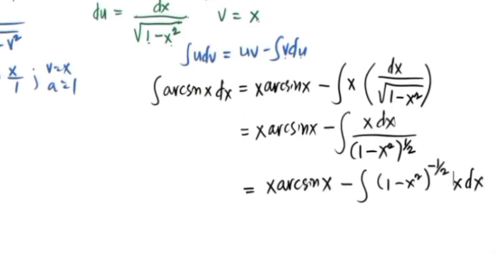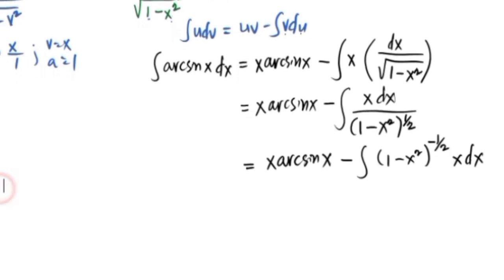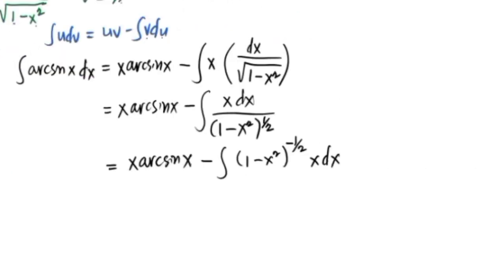So babalik dito yung topic number 1 natin, yung ating general power formula. So we let this part here as your v. So if your v is 1 minus x squared, then the derivative of this is equal to negative 2x dx. So kung makikita natin dito, we already have the x dx, so kulang na lang tayo ng negative 2.